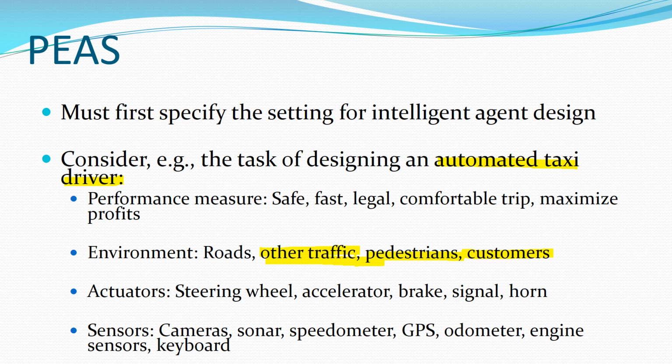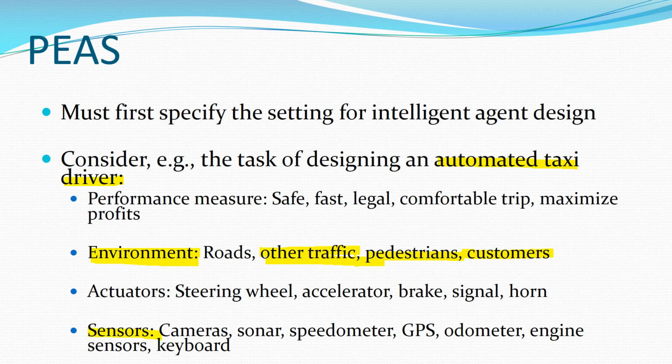Then the climatic conditions, that is, whether it is windy, raining or sunny, are also considered part of the environment. The trees, the gardens, the lakes, all of this can be considered as environment. Now, what may be the sensors?